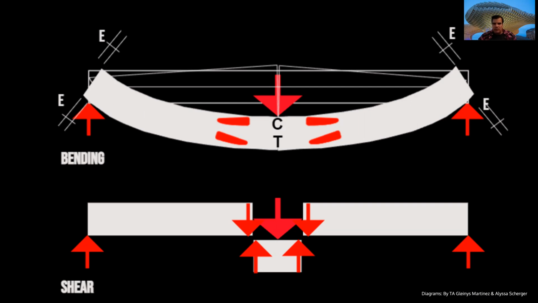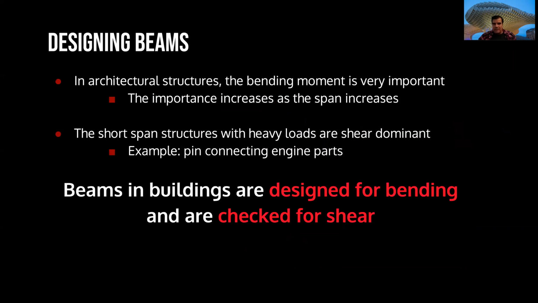In beams, bending is more important than shear, especially when the beam has a long span. When the beams are very short, then shear can be more important. When we design the beam, we understand that the bending moment is very important, and this importance increases with the span. As I told you, in a short span, the shear is dominant.